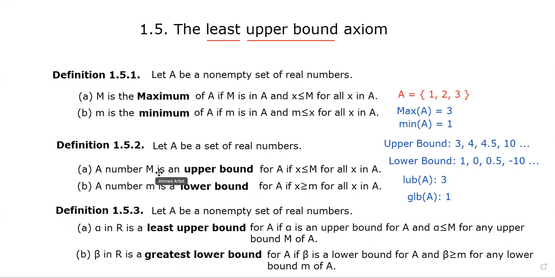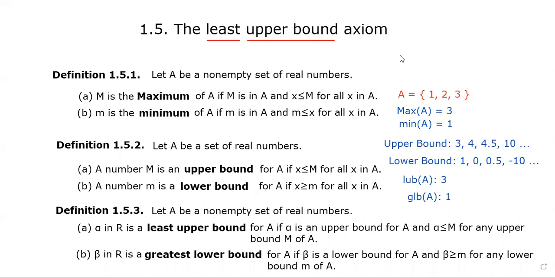A number M is an upper bound for A if x is less than or equal to M for all x in A. Now, this definition is very similar to the maximum, except for one difference. If you notice, that difference is that the upper bound does not necessarily have to be in the set, which is different from the maximum.